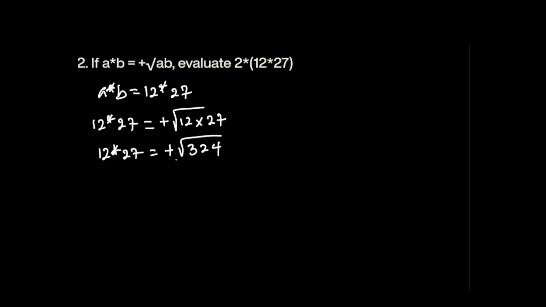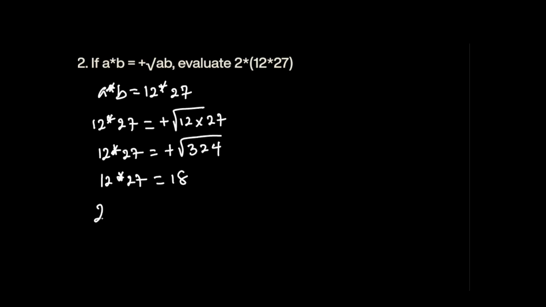But the examiner wants us to just concentrate on the positive. That's why we have the plus there. So 12 operation 27 will therefore give us square root of 324, that will give us 18. So that tells you that 12 operation 27 is equal to 18.